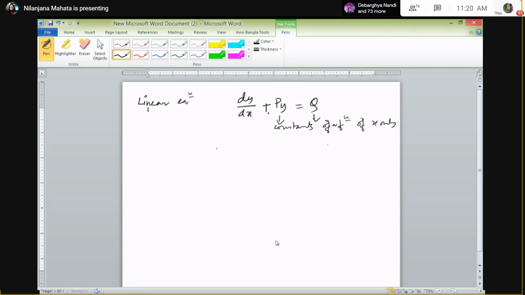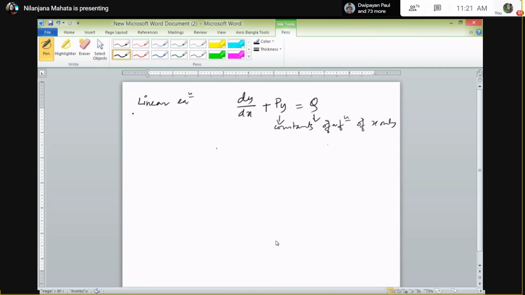Since it is linear, there will be no product of y and dy/dx or anything like that, okay? It is a linear first order differential equation. It is the general form where P and Q will be either constants or functions of x only.